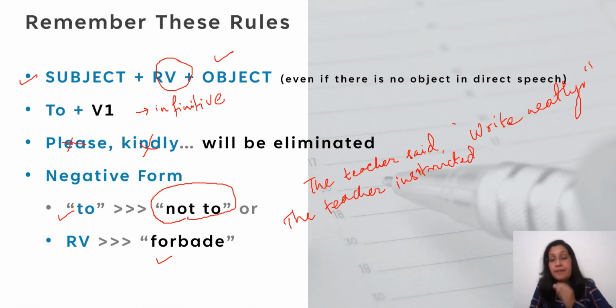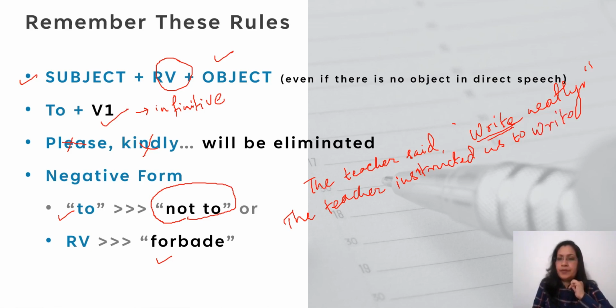Instructed us. As I have already told you, write neatly means you write neatly. The subject is hidden or concealed. So instructed us, write changes to write. As I told you, it changes into the infinitive form. Write changes to write. Yeah. So neatly.